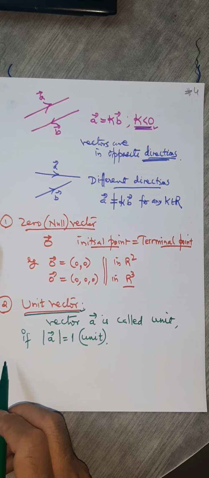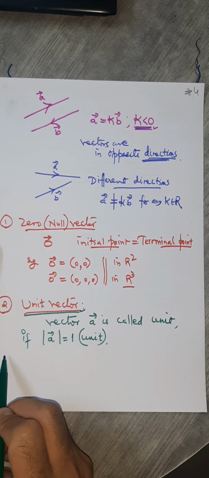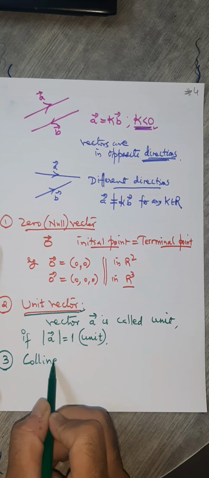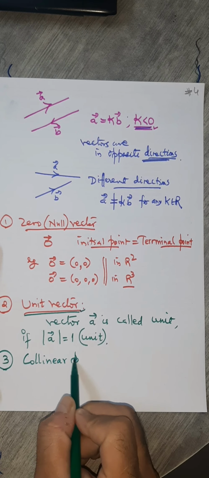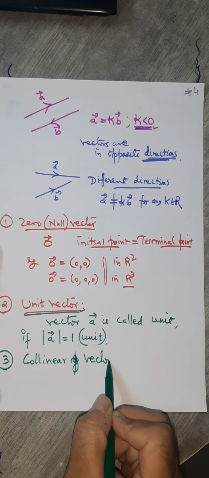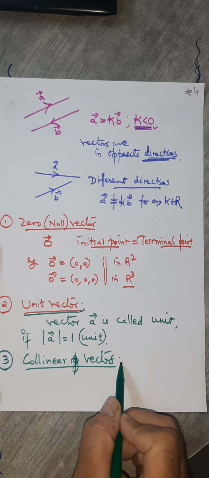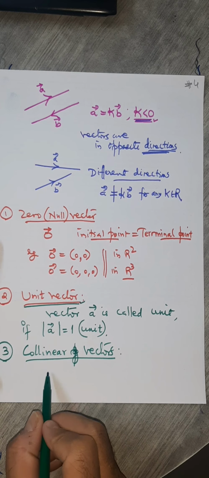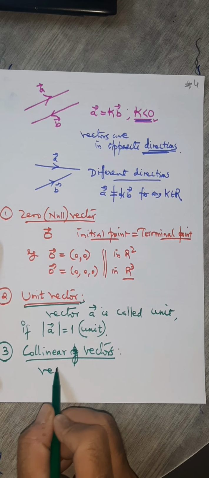Okay. The third one is collinear vectors. Let me write collinear vectors. So when are two vectors said to be collinear?